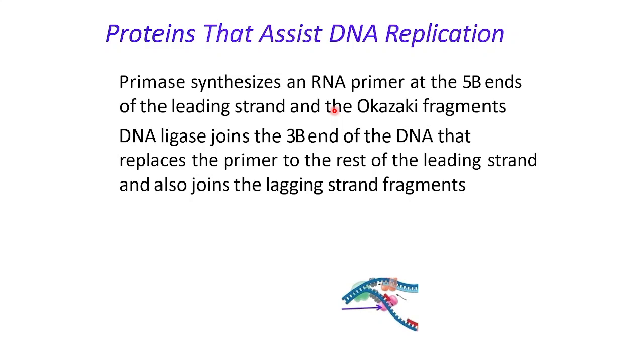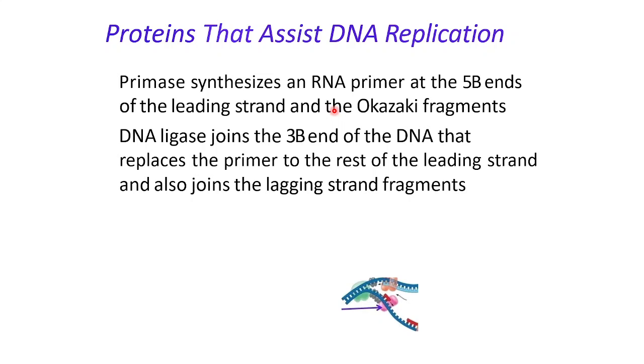How do you start the replication? You start from the origin of replication, then there is the formation of this replication bubble. Then comes the primase that has the RNA primer. It sits along the mother strand, and then the DNA polymerase comes and elongates it.